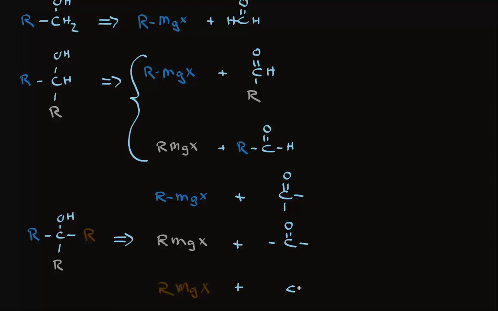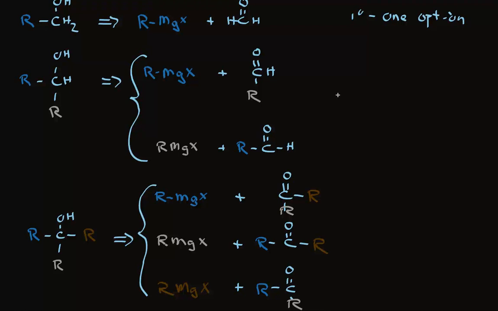And the carbonyl compound we need looks like this. So primary alcohols, one option. Secondary alcohols, two options. Tertiary alcohols, three options.